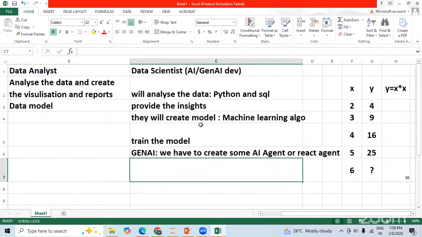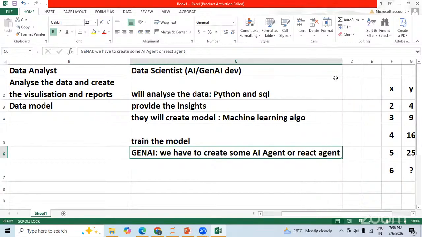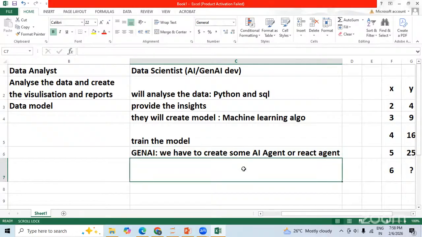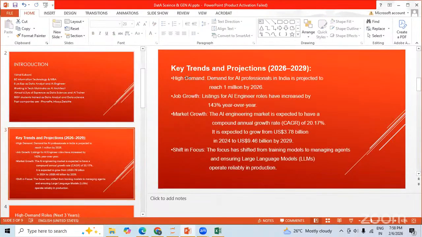DeepSeek is with China, and the third one is Gemini, again from the US. So India doesn't have its own LLM because it requires a lot of money, a lot of space, a lot of resources. That is why India doesn't have an LLM. But can we create an AI agent by using these LLM models? Definitely, we can create. How to create it, we will see.